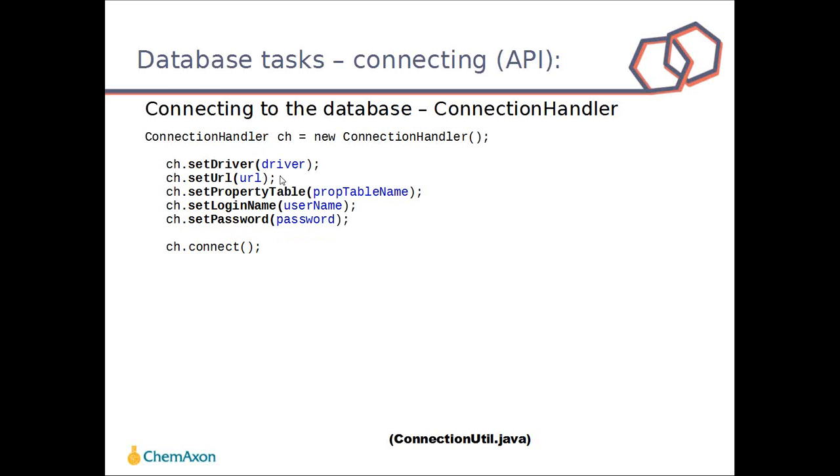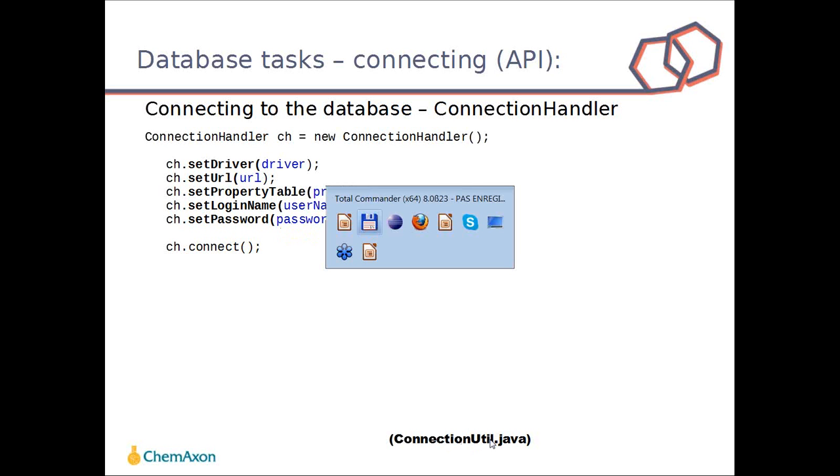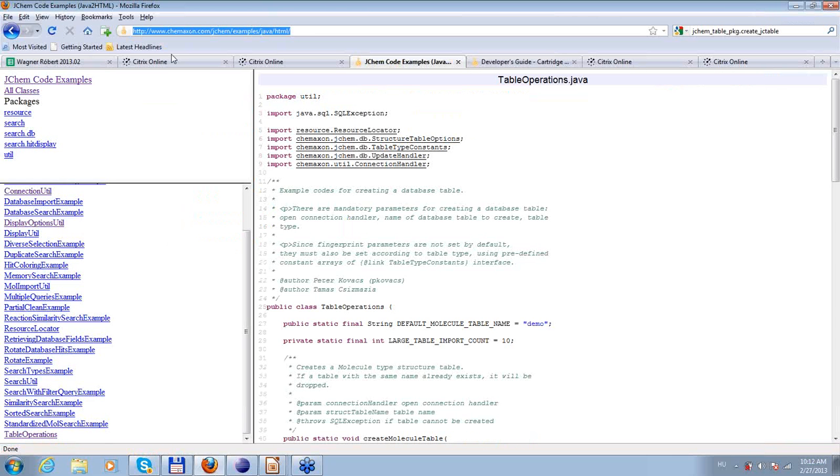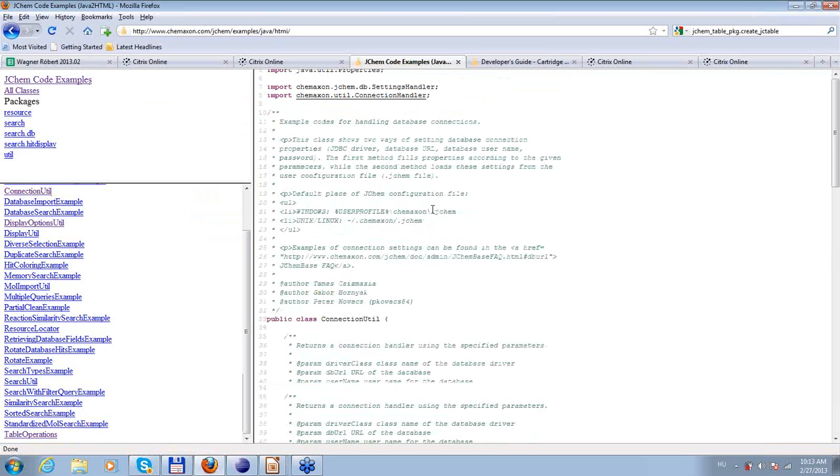So the database driver, database URL, the property table name, I will talk about the property table, what it is, a bit later, login name and password. Some examples for this you can find in the ConnectionUtil.java examples. Good. Where can you find this? Here among the Java code examples, you click on ConnectionUtil, there you can find it.